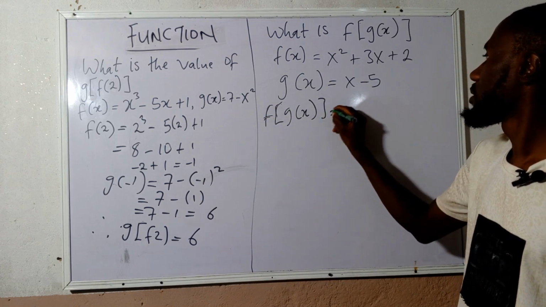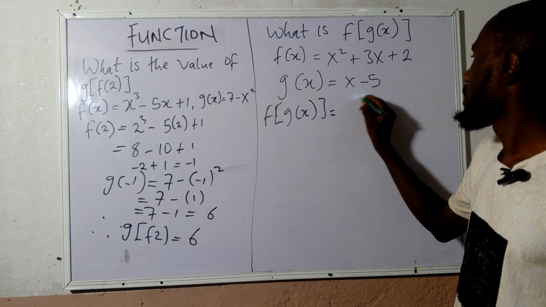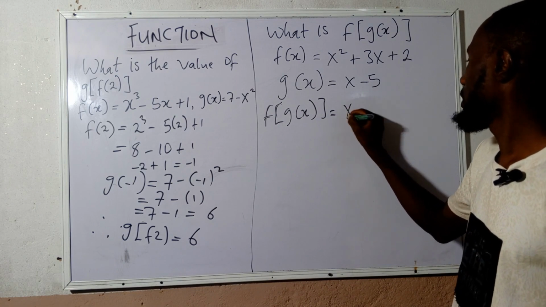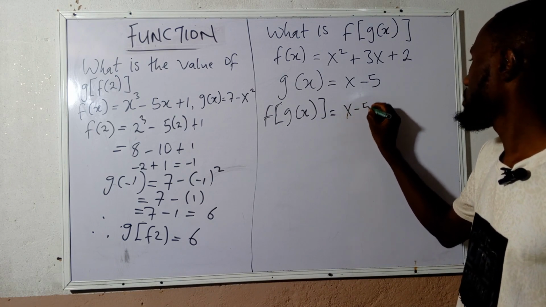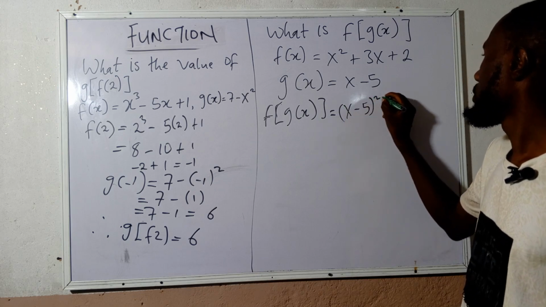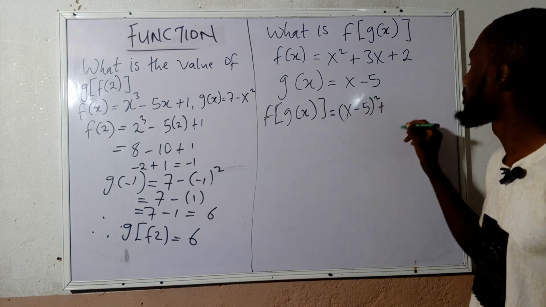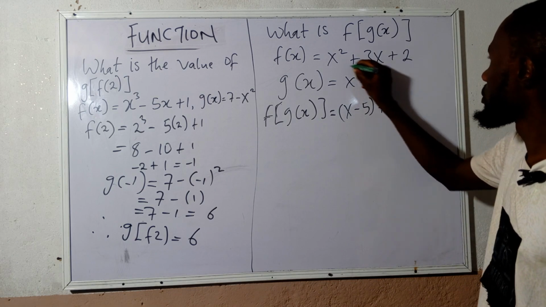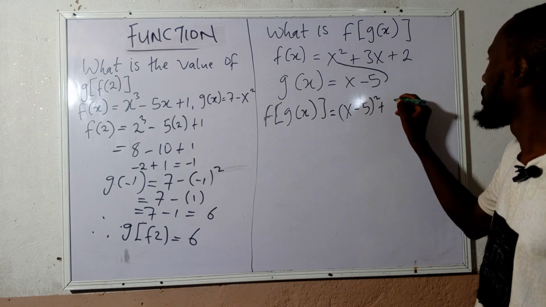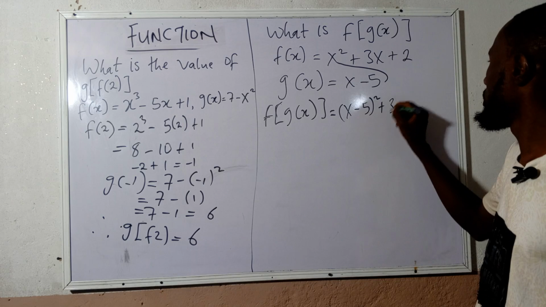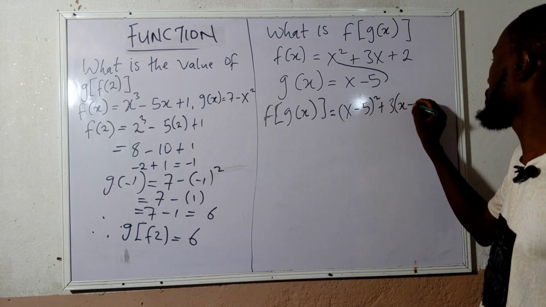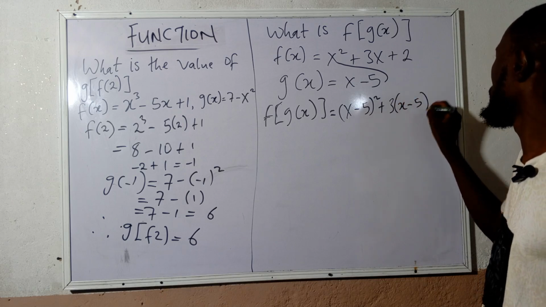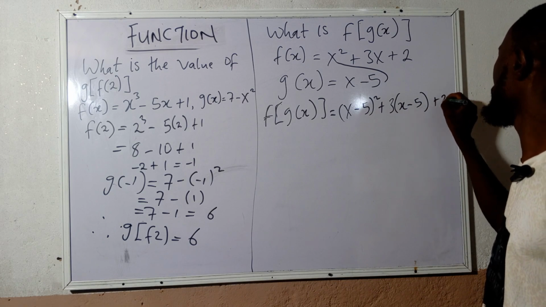equals, and substitute here we have x minus 5 squared plus, substitute this one here, plus 3 times x minus 5 plus 2.